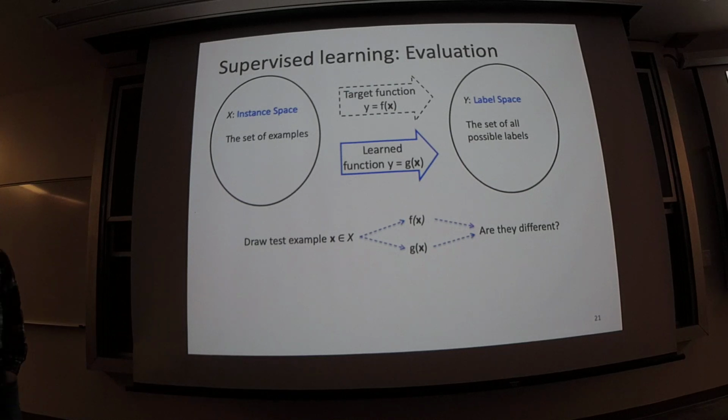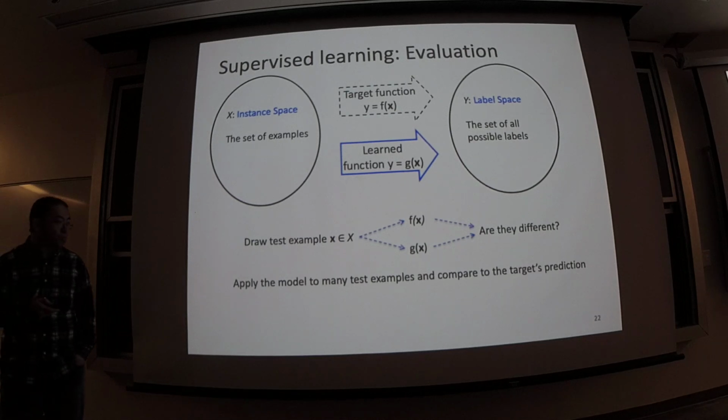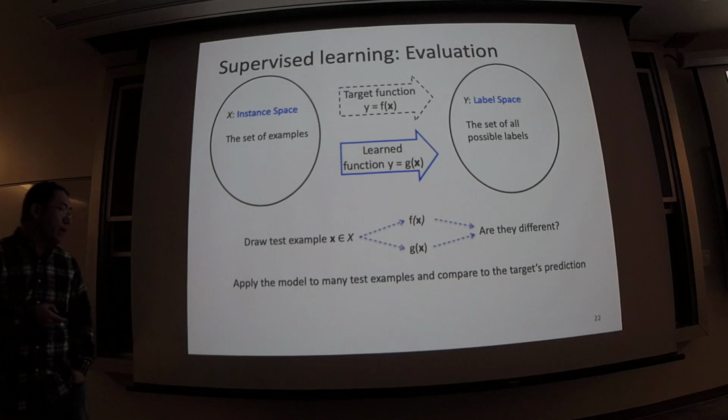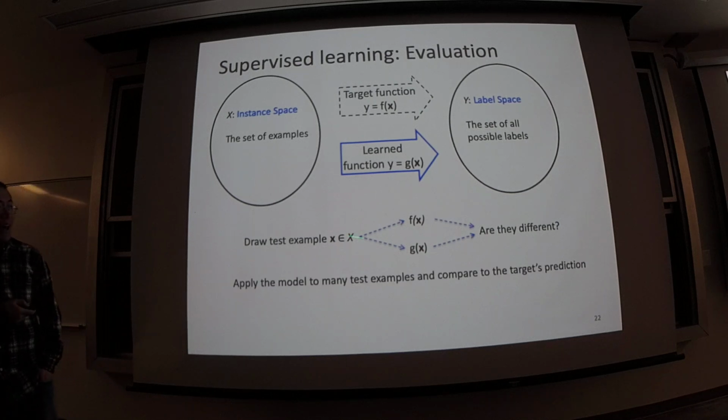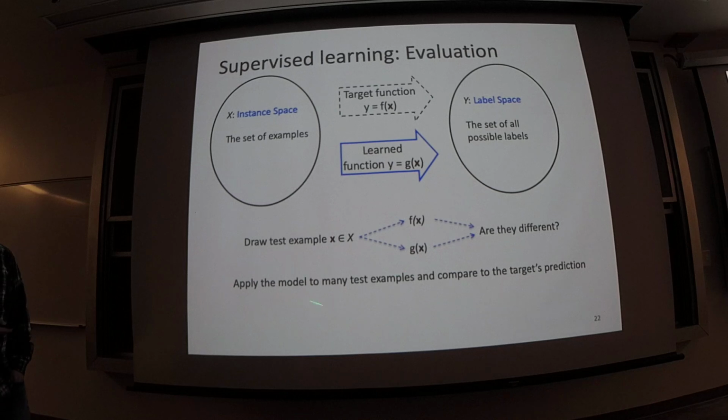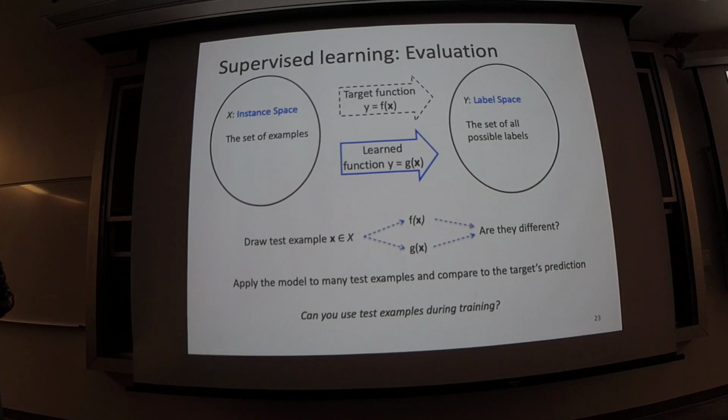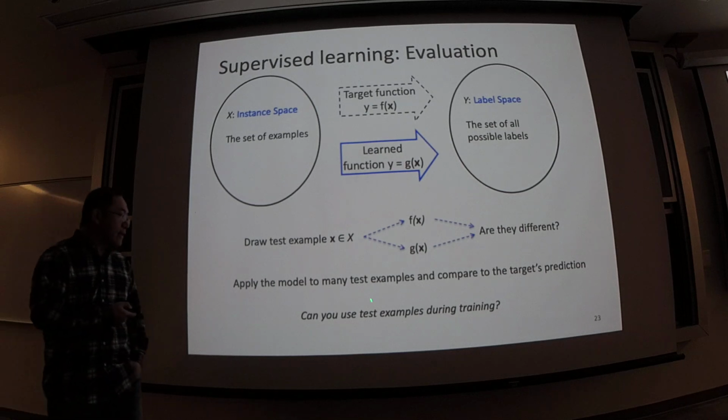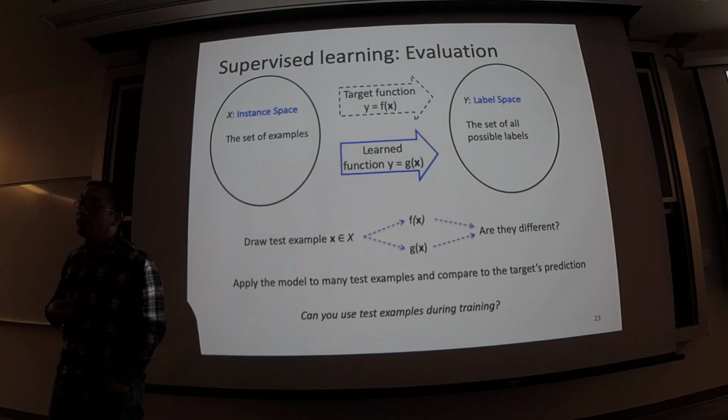But here I want to ask you a question. Usually, to ensure that our test is reliable, we have to draw many test examples. If you use just 10 examples as a test, that's not very reliable. Can you use test examples during the training?